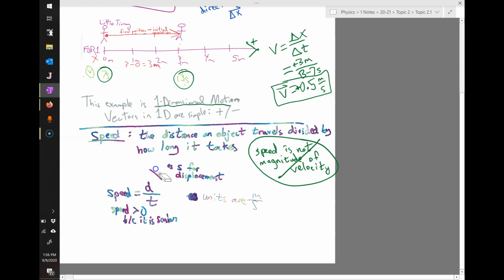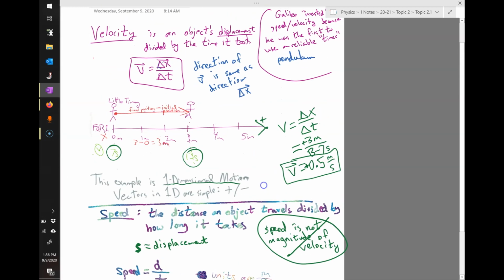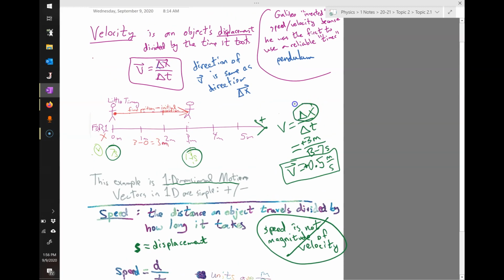In IB physics you don't really need a symbol for speed because it doesn't come up that often, but you can't use S to stand for speed because that is taken. Unfortunately, IB physics uses S to stand for displacement. I wish they used delta X exclusively like this.